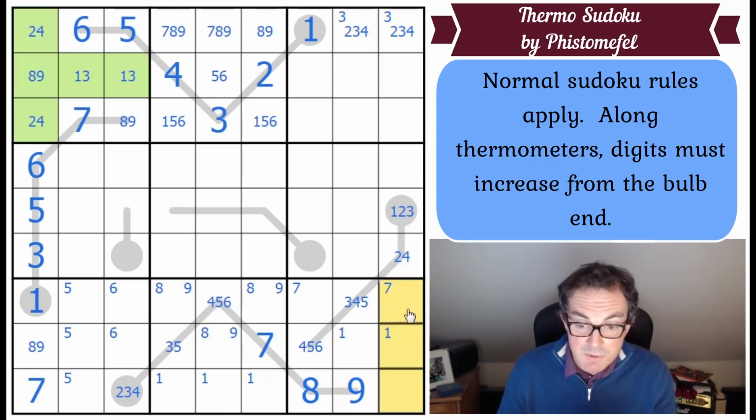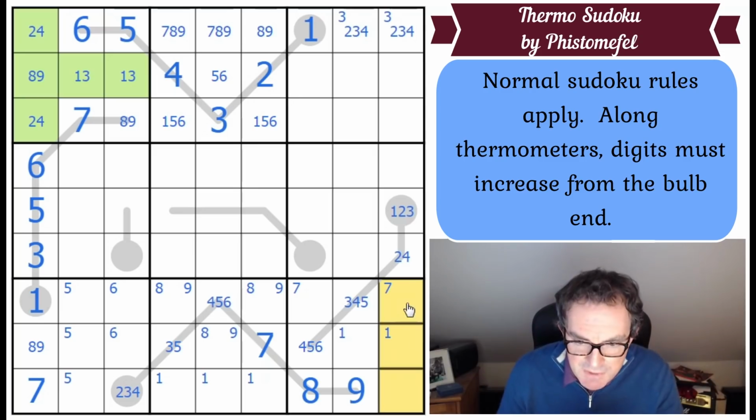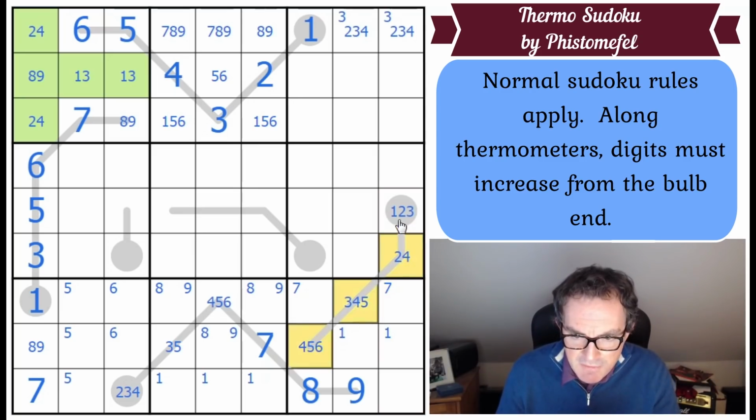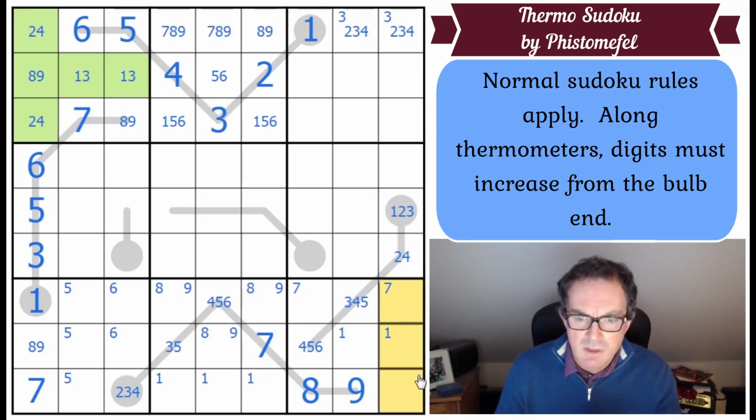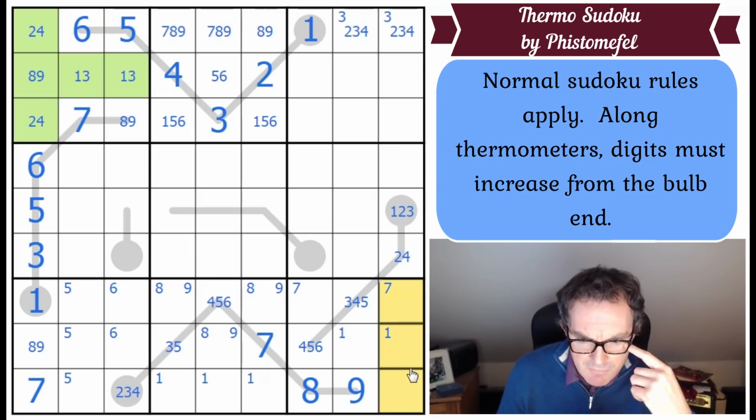Those 3 squares are interesting, because these 3 squares see the entirety of that thermometer, look. Now that might be interesting. Do you have to be careful with the values?